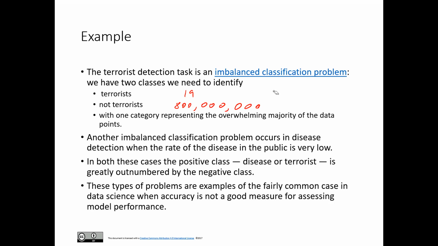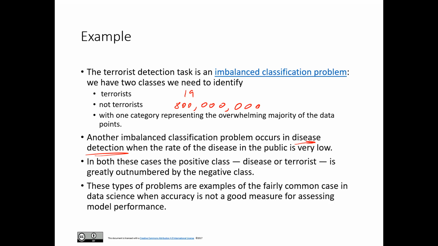One category represents the overwhelming majority of the data. Other imbalanced classification problems occur in disease detection, right? Out of all the cases, only a small percentage would be positive, even with COVID nowadays. Say 100 patients and maybe 10, or probably less than that.